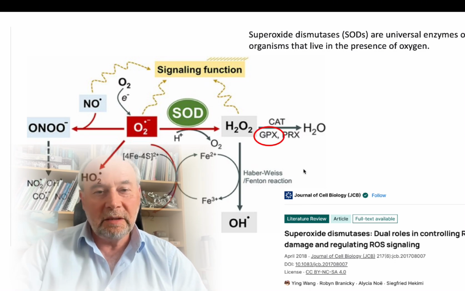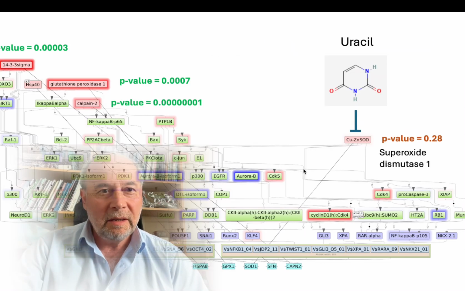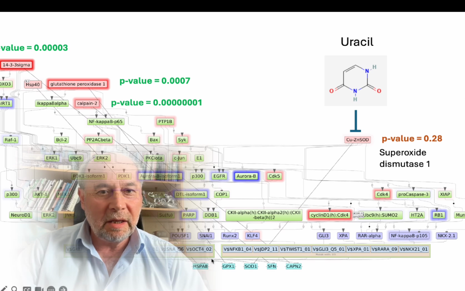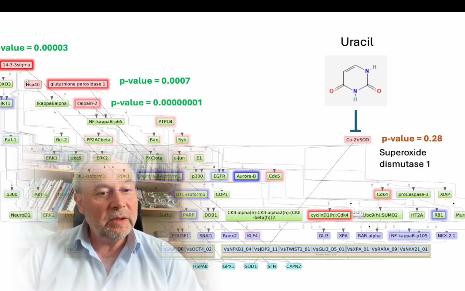And by the way, another enzyme, GPX, was also on our diagram. This is glutathione peroxidase 1, which by itself was significantly changed.